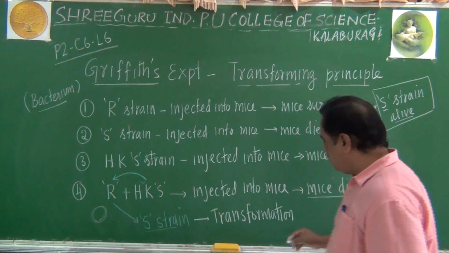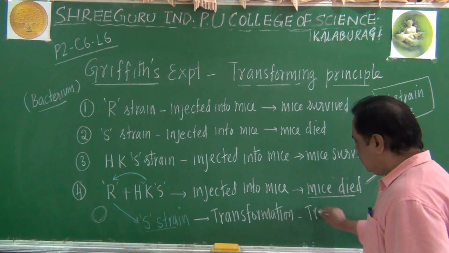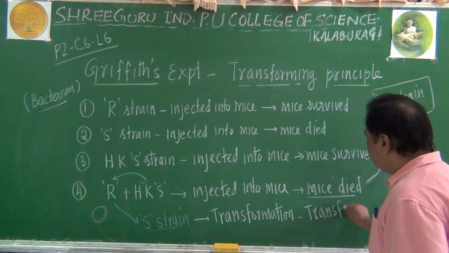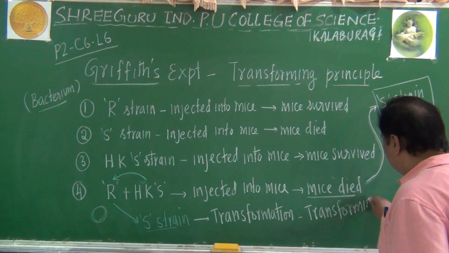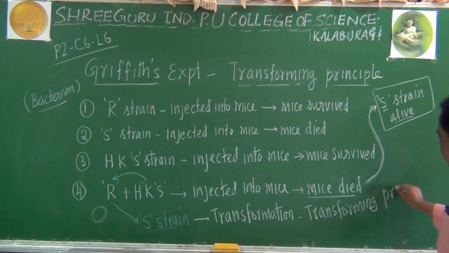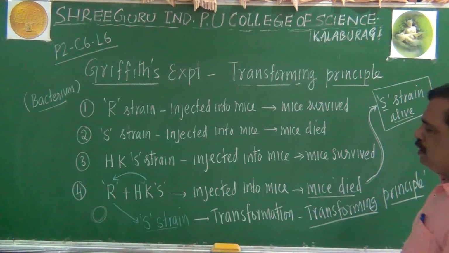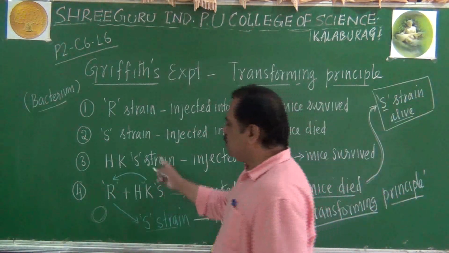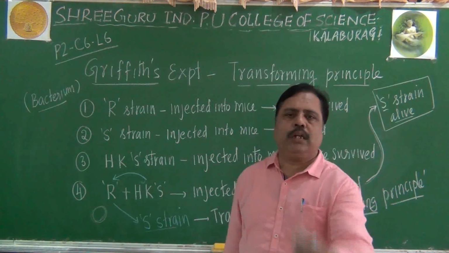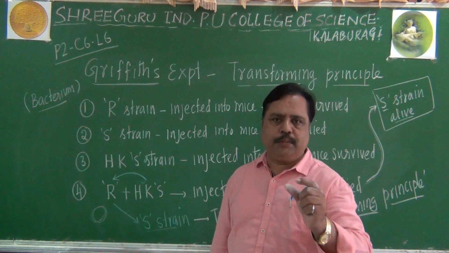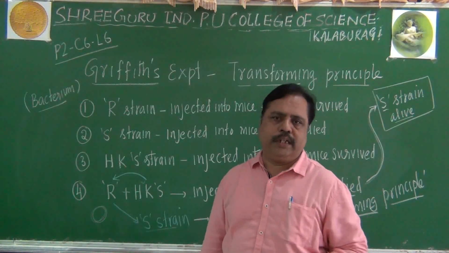So he named that substance as transforming principle. Something called transforming principle has moved from HKS to R type, so that R type has become S type, it has become virulent in nature.